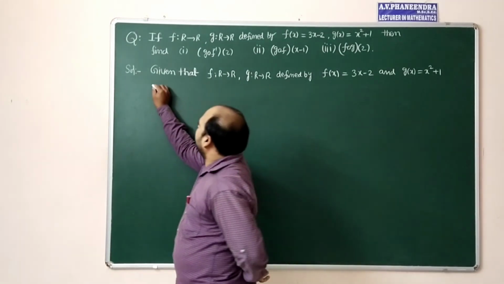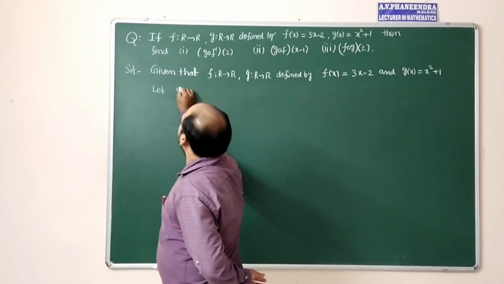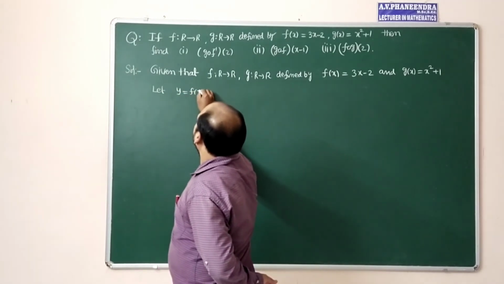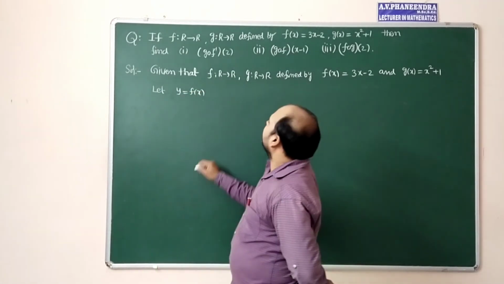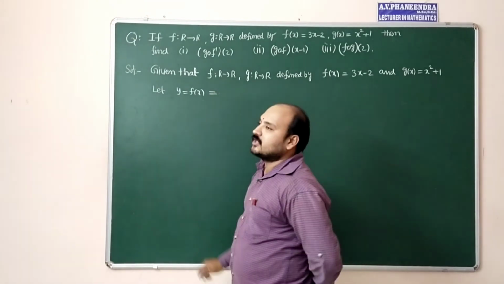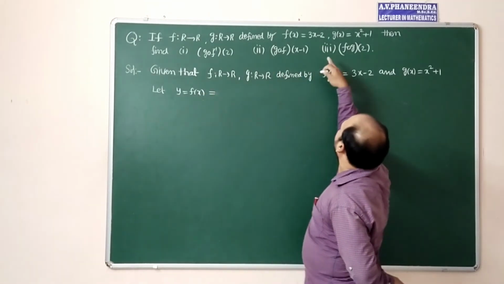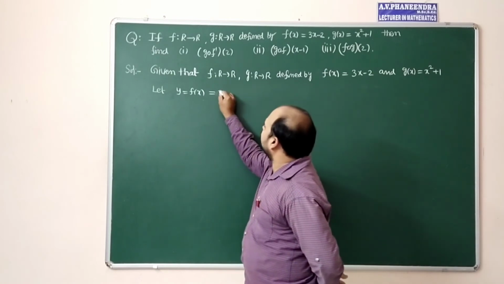So let y is equal to f of x. That implies f of x is equal to 3x minus 2.